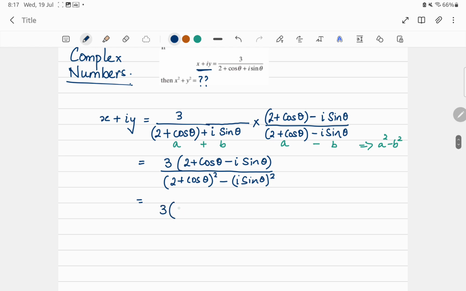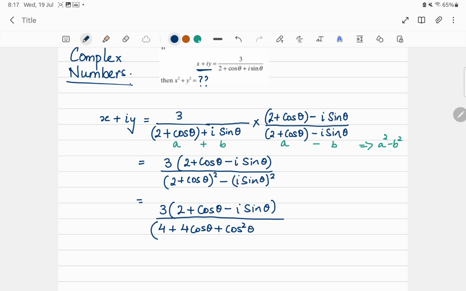So we get (2 + cos θ − i sin θ) in the numerator, and in the denominator, when we expand the brackets, we will get 4 + 4 cos θ + cos² θ.